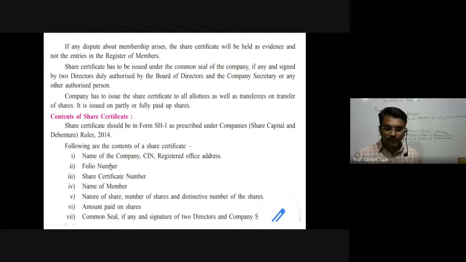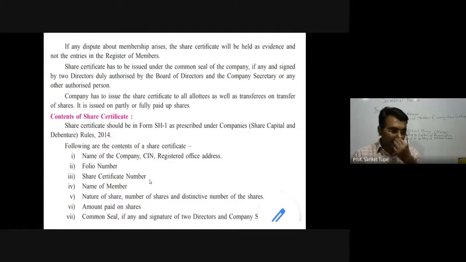What is the folio number given for the share certificate? If it is decided for a particular class of shares, the folio number is also required. Then share certificate numbers are there.